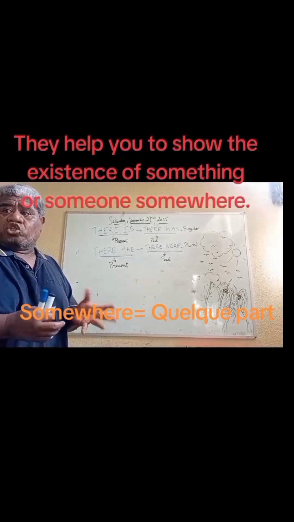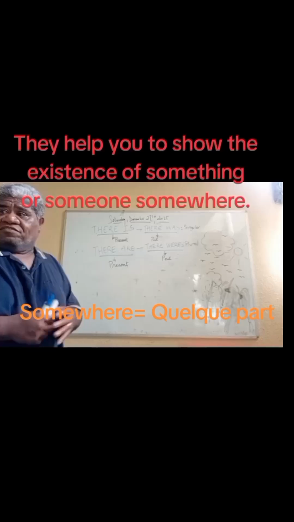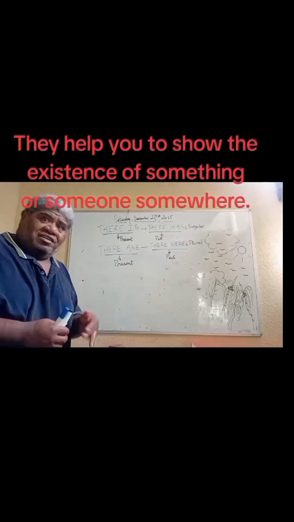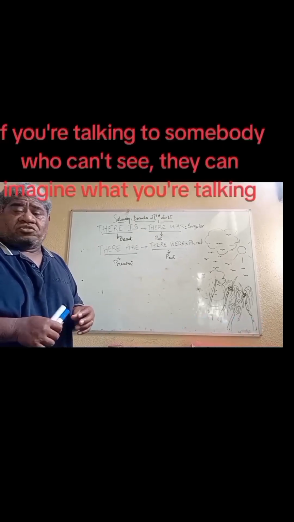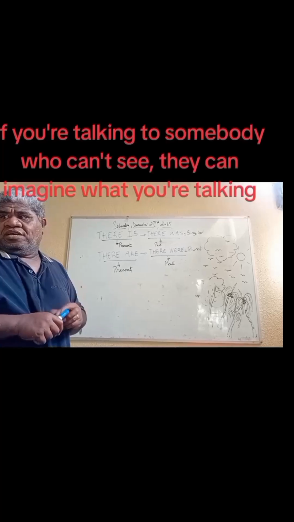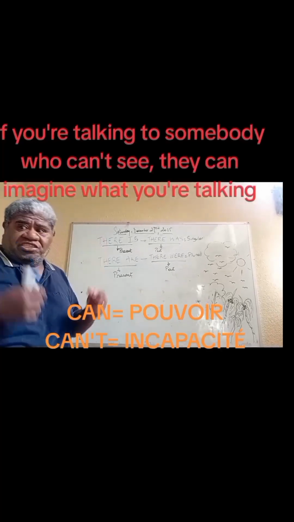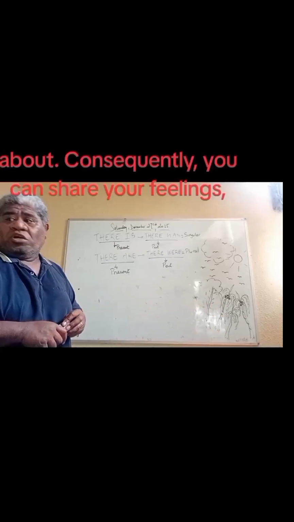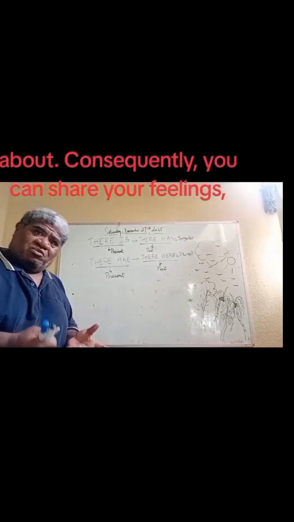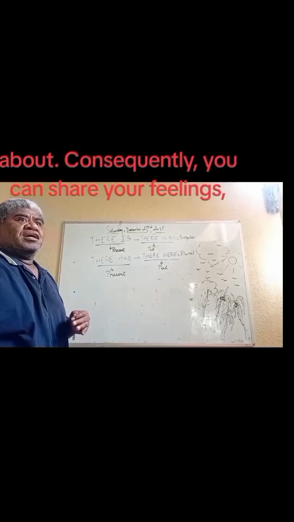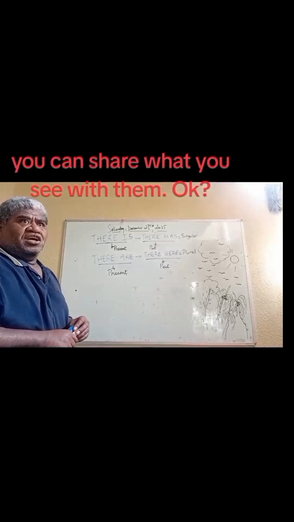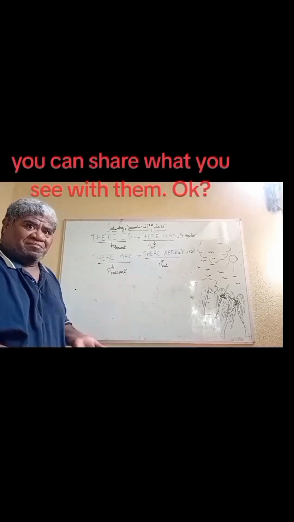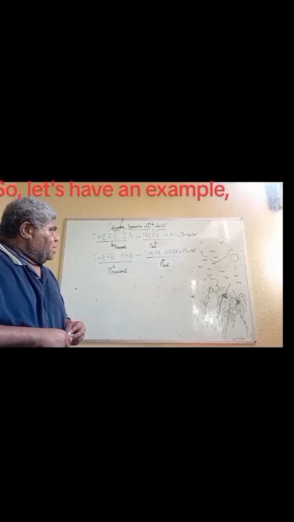They help you to show the existence of something or someone somewhere. If you're talking to somebody who can't see, they can imagine what you're talking about. Consequently, you can share what you see with them. So let's have an example.